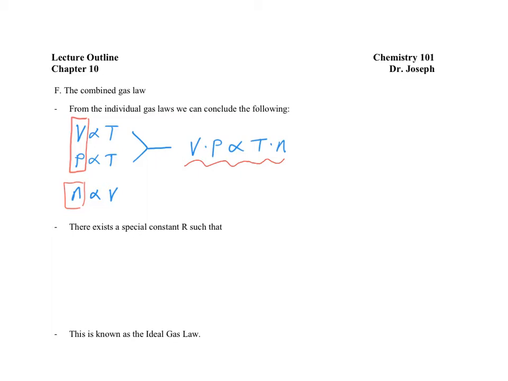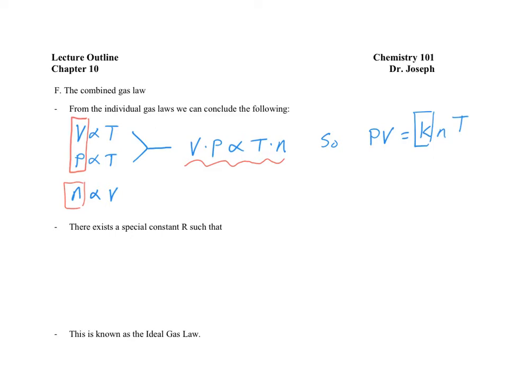Converting this proportionality into an equation requires some constant that we'll call K. K allows us to correlate the pressure, volume, temperature, and moles. So if we rewrite this including K, we have the expression PV equals KNT, where K is some constant.